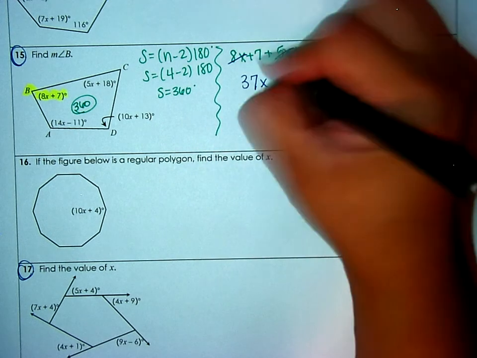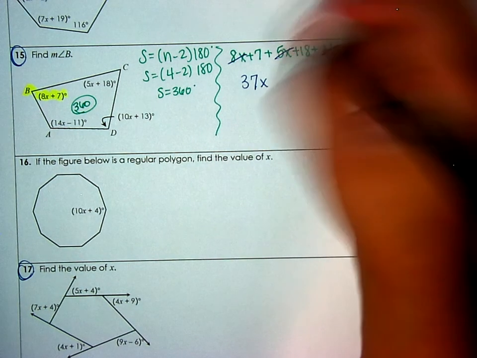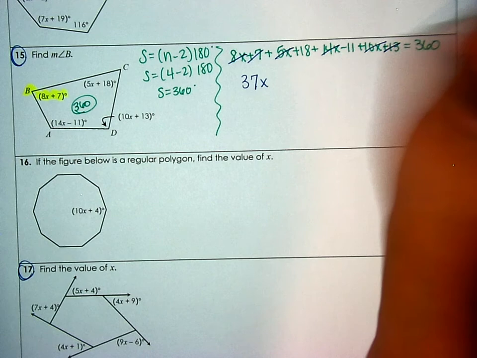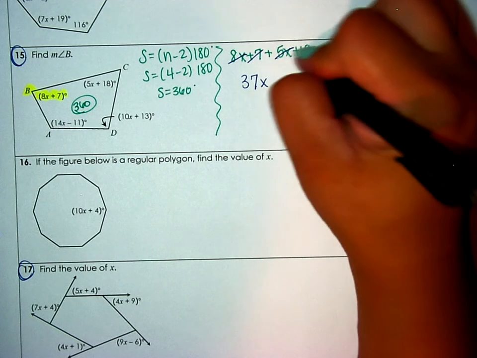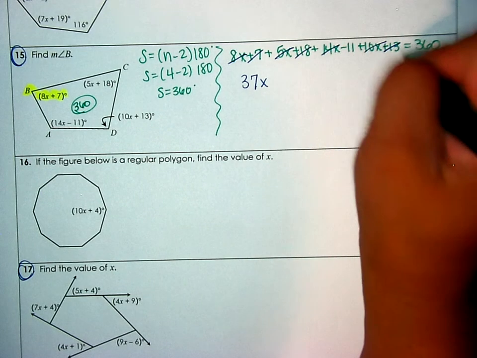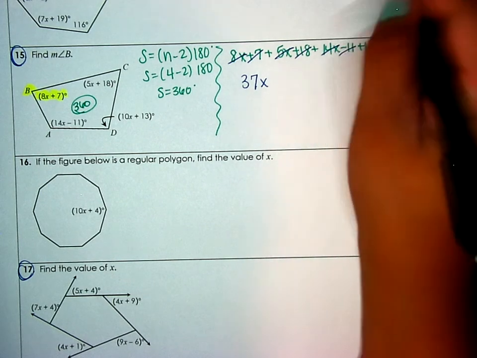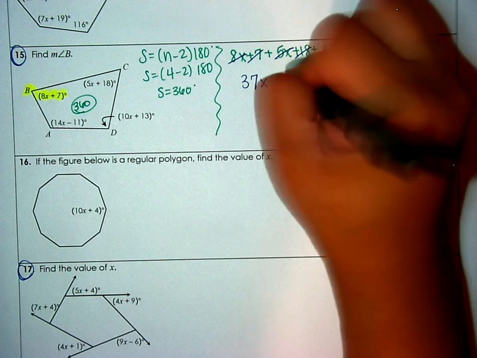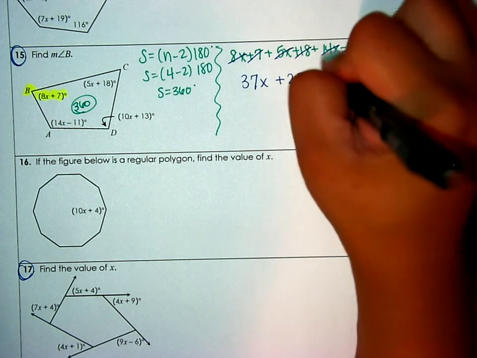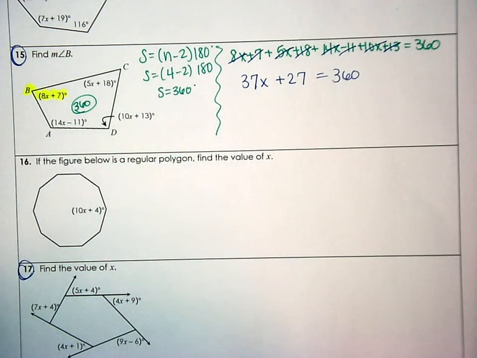Okay, now we're going to add in the numbers. So I'm going to try to group up the ones that are going to be easier. So 7 and 13 is going to give me 20. 20 plus 18 is going to give me 38. And then subtract 11. So it's going to give me 27. Equals 360. Now it's not such a big problem. Pretty easier to do.